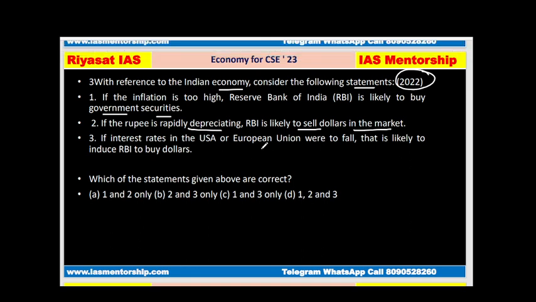If interest rate in USA or European Union were to fall, that is likely to induce RBI to buy dollars. Which of the following statements are correct? Now what do you think? क्या सही होगा? Tell me. Try to answer it, try to analyze it.